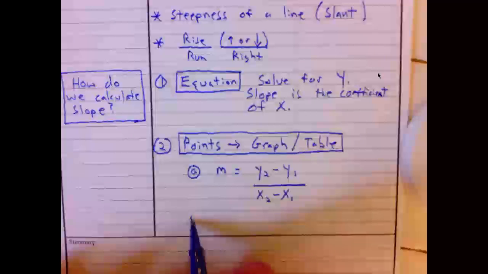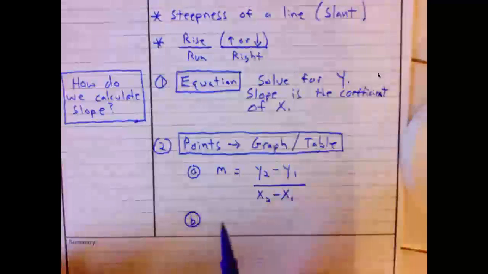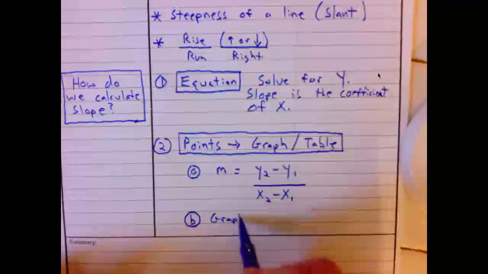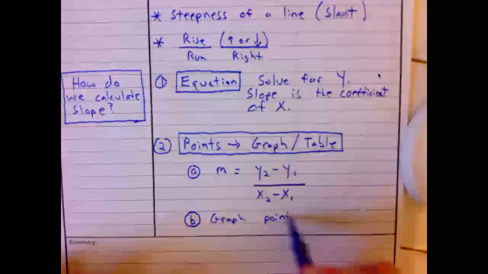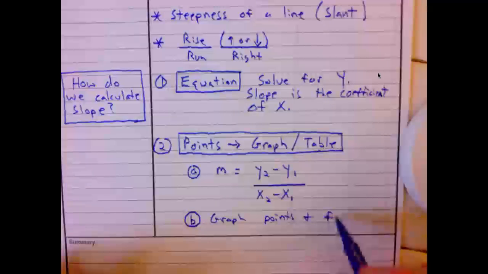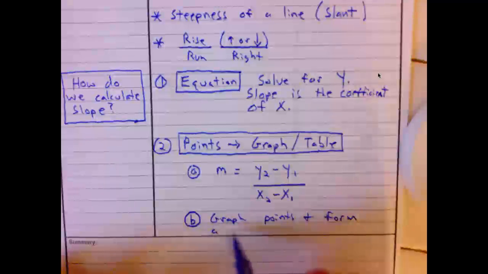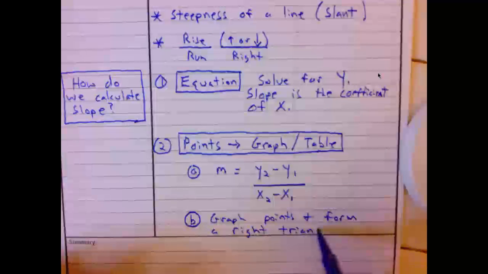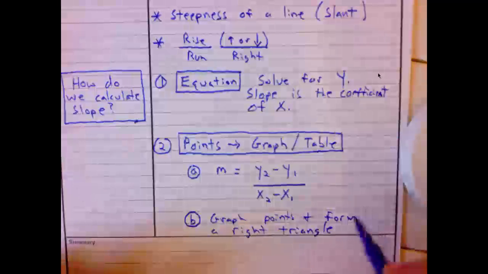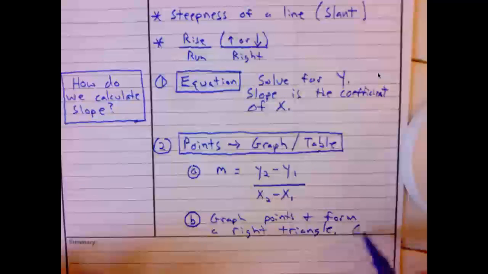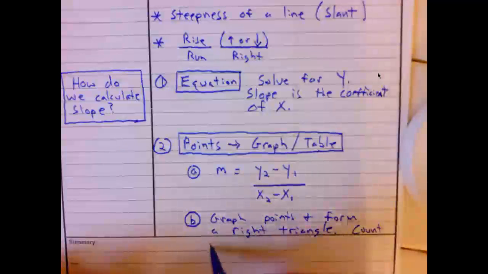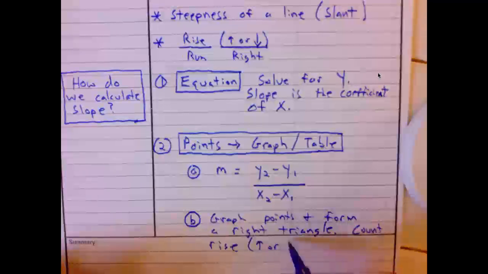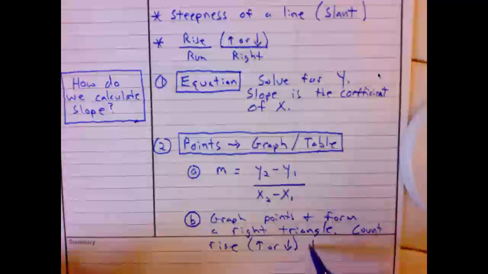Similar to the formula, we can graph the points and form a right triangle. From there, we will count the rise, that's the up or down, and the run.